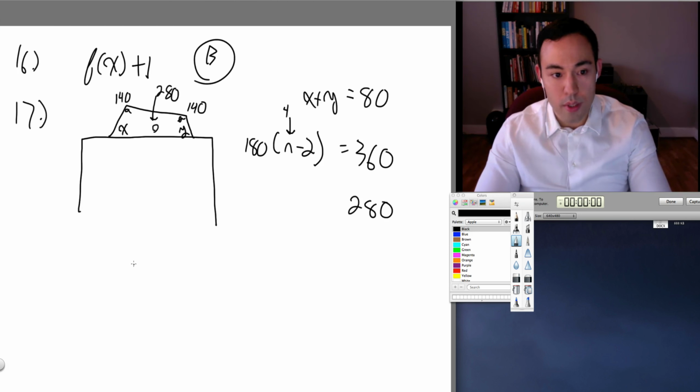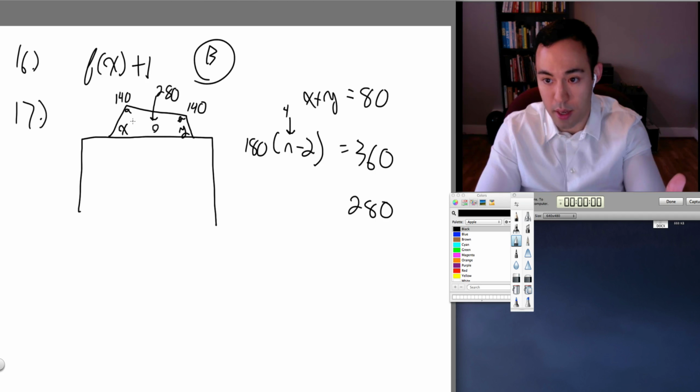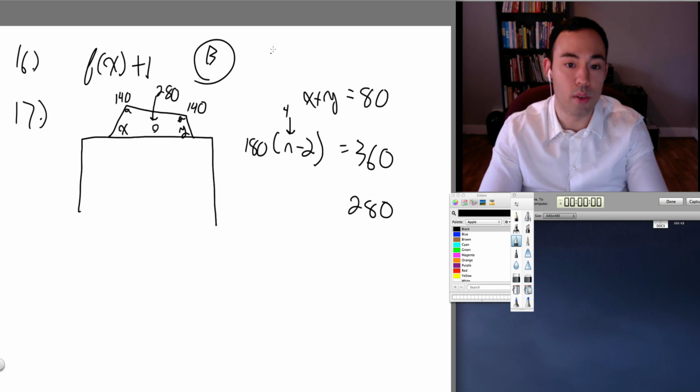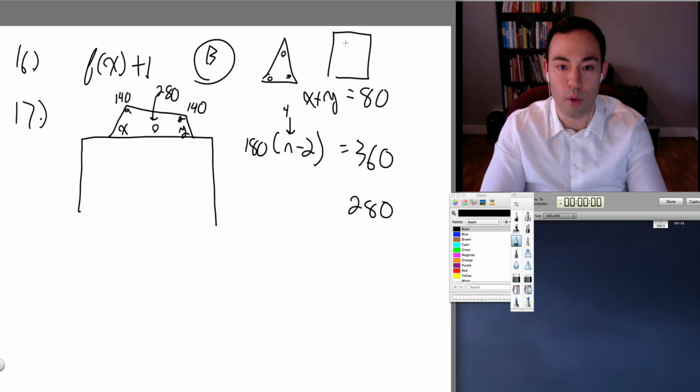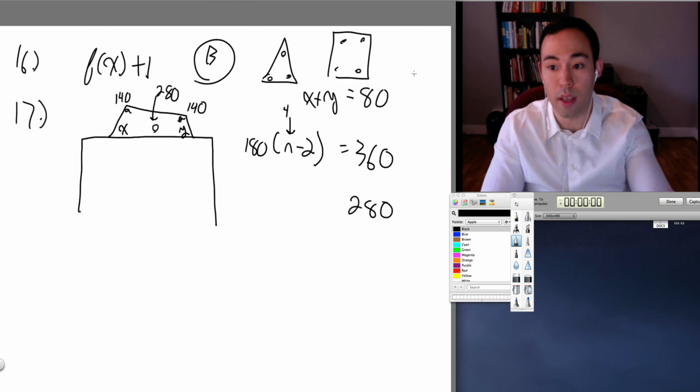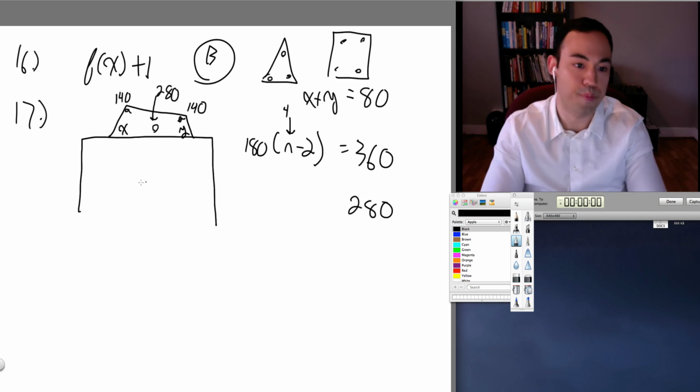Next thing we know is that for every angle you add on to a shape, you're adding on a side. So in other words, with a triangle, we have 3 sides. That means we have 3 angles. The square, we have 4 sides, 1, 2, 3, 4 angles, and so on. An octagon has 8 sides and 8 angles.